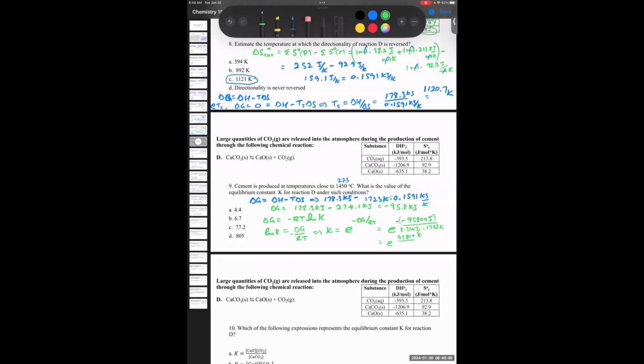95,800 divided by, I'll do the chunks, which I can do. 8.314 multiplied by 1723. Okay, 14,325. So you see that units cancel out nicely.